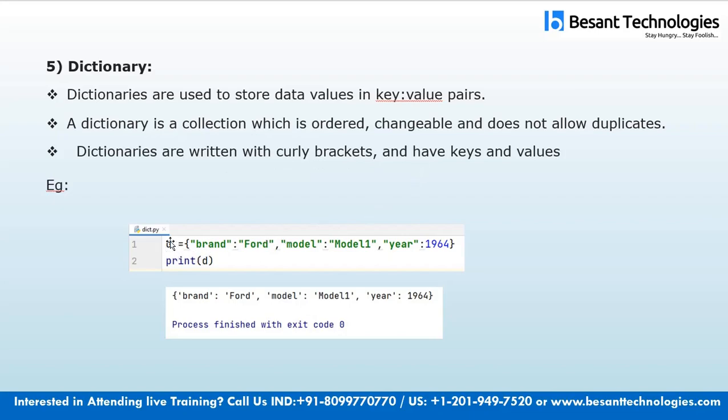So here, this is the dictionary object. Inside the curly braces, I have the key value pairs. Brand is the key and Ford is the value. Model is the key, Mustang is the value. Year is the key, 1964 is the value. Here I have printed the dictionary values. Up to this, is it clear? Okay, thank you.